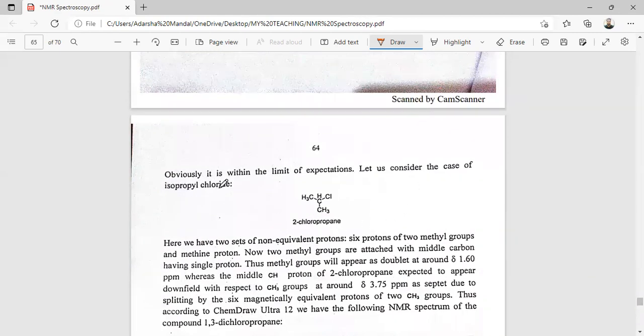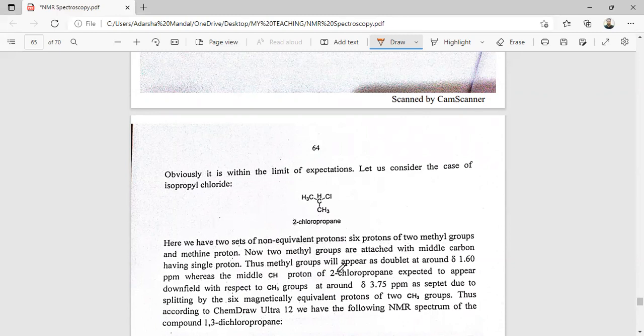Just consider the case of isopropyl chloride. Here in isopropyl chloride there are 2 sets of non-equivalent protons, 6 methyl protons and 1 methine proton. These 2 methyl groups are attached to the middle carbon having a single proton.